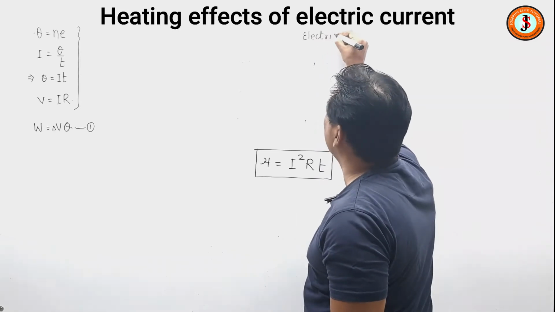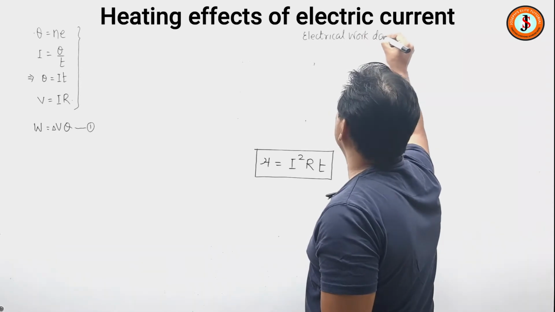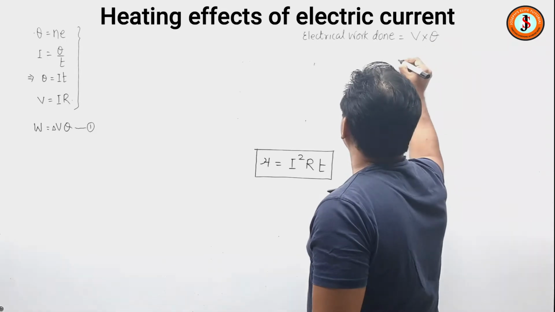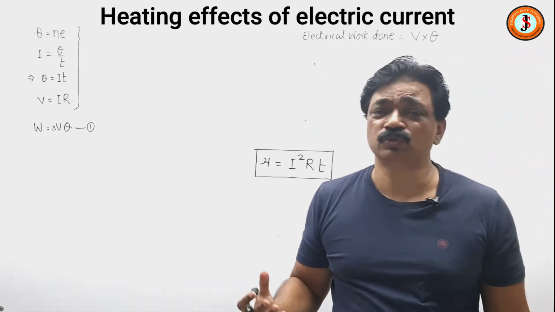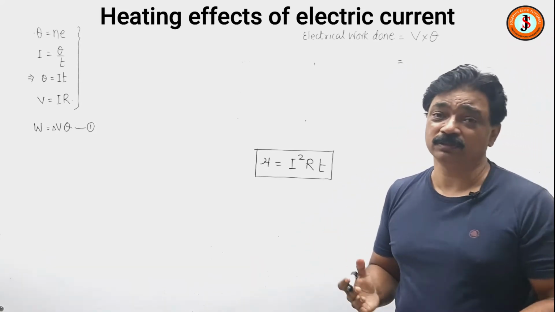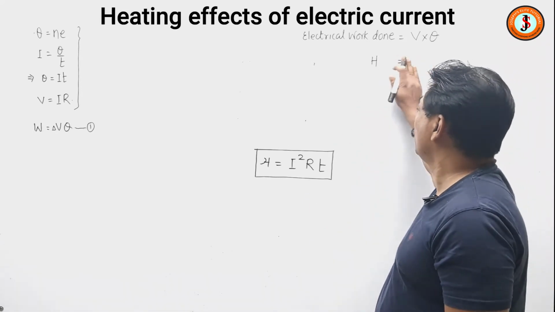Electrical work done is equal to potential difference, that is voltage, into charge in coulomb. But whatever work done, in 9th we said if it is being used for heat production, the work done can also be said as the heat produced. So heat produced is equal to VQ.